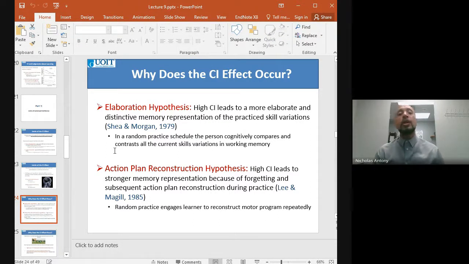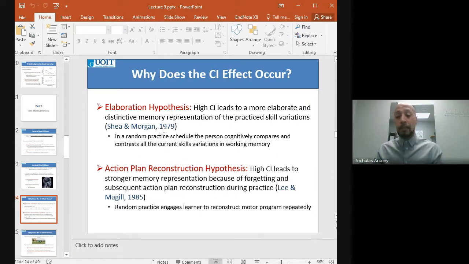And so researchers tried to come up with theories as to why high contextual interference leads to better learning. And we've talked about it all class, about engaging in this problem solving ability and disrupting memory representation. So the elaboration hypothesis suggested that by having variations of the skill, it leads to a better memory representation.